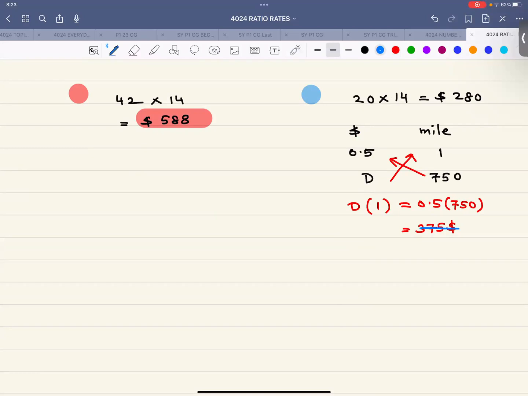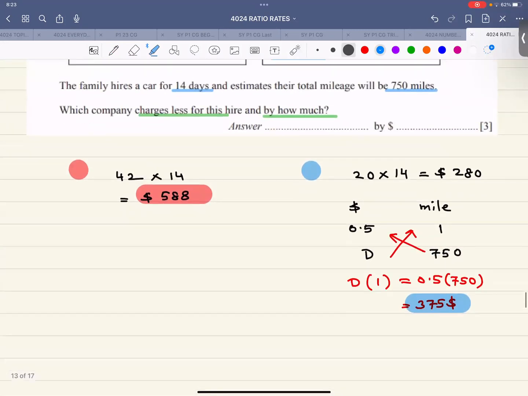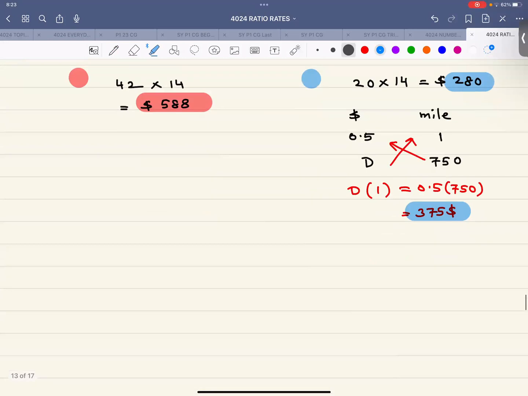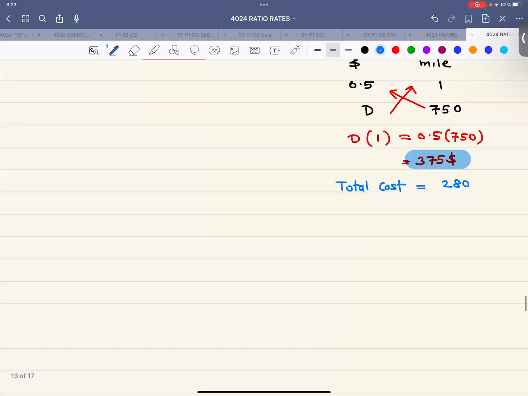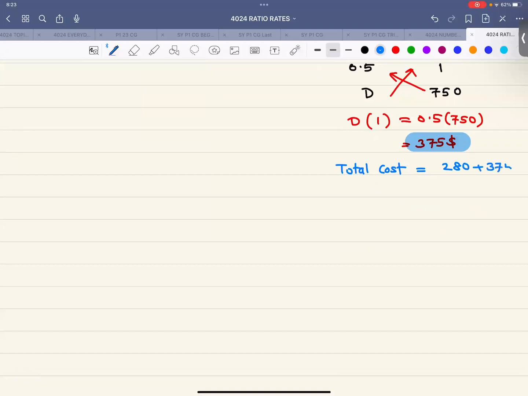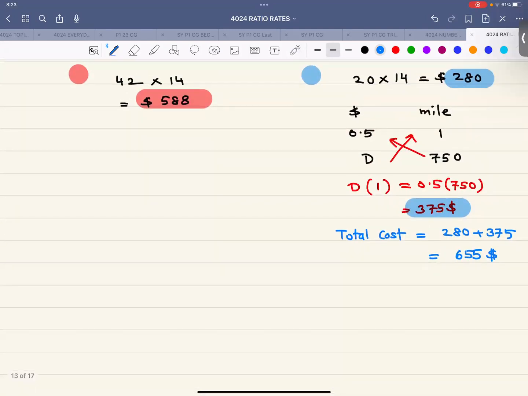That is the second thing. So I've gotten this value. Let me just focus on this. This is the cost for mileage, and this is the cost for the per day charges. So therefore, the total cost for these is 280 plus 375. So first of all, let me add this. This comes out to be $655. That is the answer for this particular part.